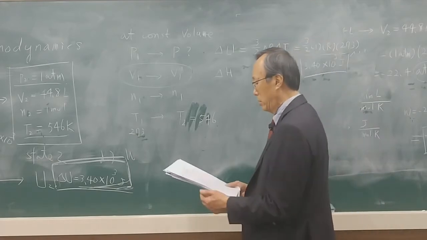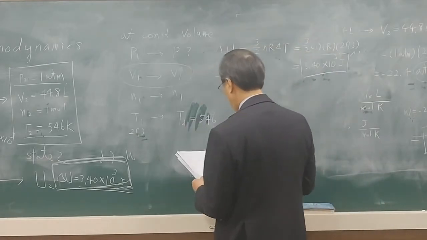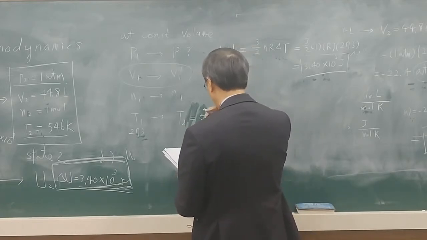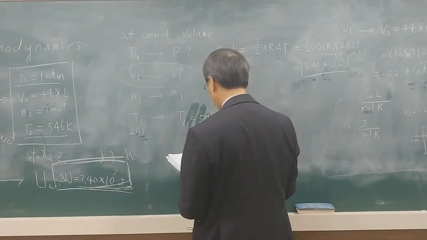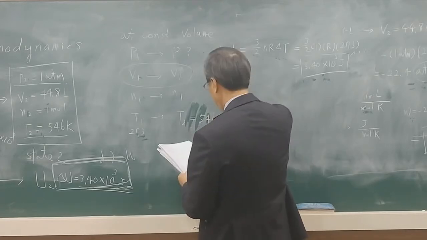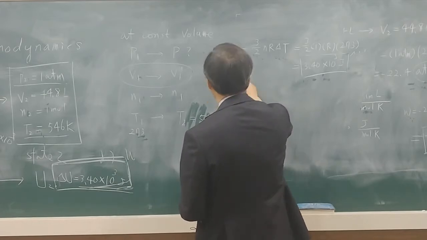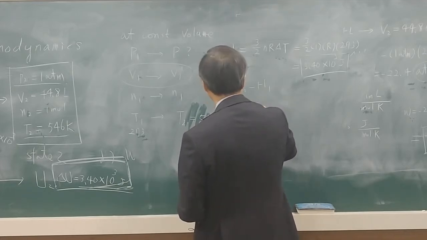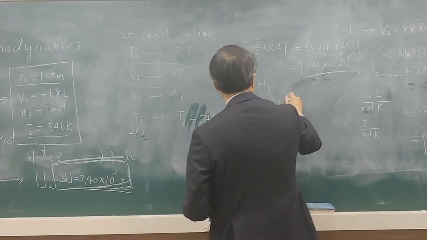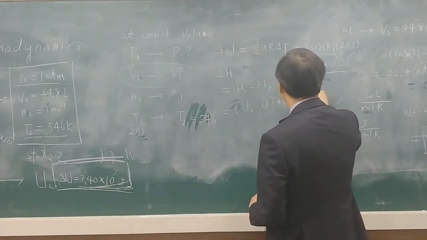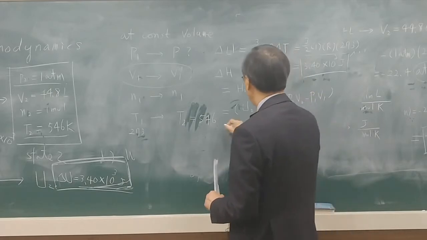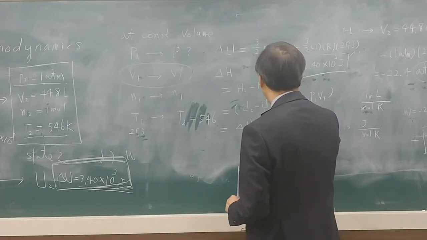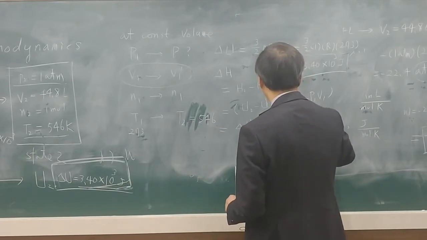So let me calculate delta H. Delta H equals H2 minus H1, which is U2 minus U1 plus P2V2 minus P1V1, equal to delta U plus N R times T2 minus T1.